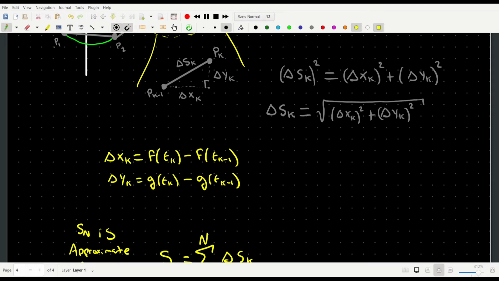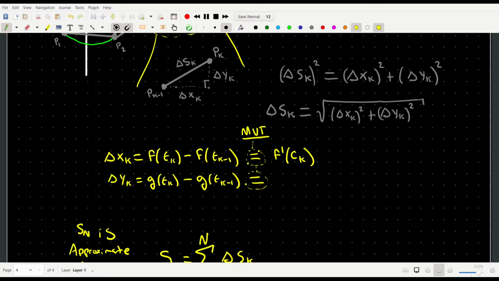And there's a really nice theorem that you hopefully learned in your Calculus 1 class called the mean value theorem. Both of these equations that I'm going to write down are directly due to the mean value theorem. It says that as long as f and g are continuously differentiable on any interval, the difference at the endpoints of the interval of the function is going to be equal to the derivative of the function at some point inside the interval.